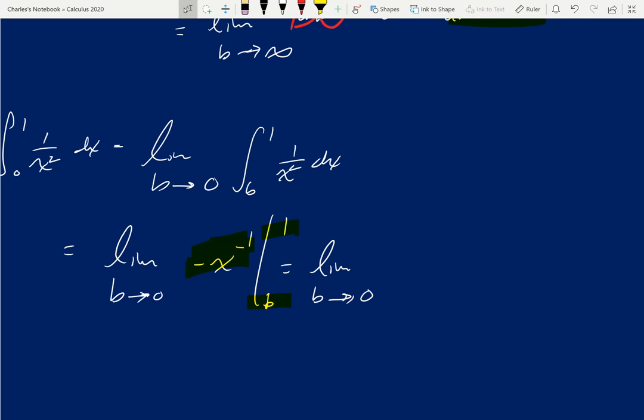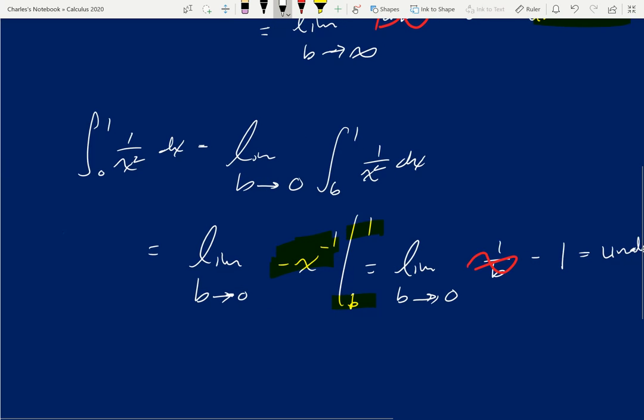And so this is going to be 1 over b minus 1. And this 1 over b part goes to infinity. So this is undefined, or does not exist.